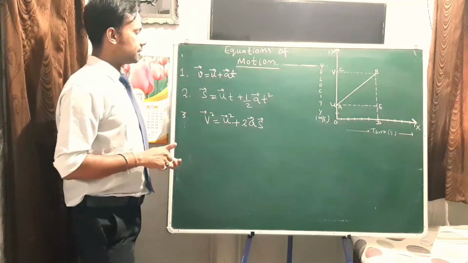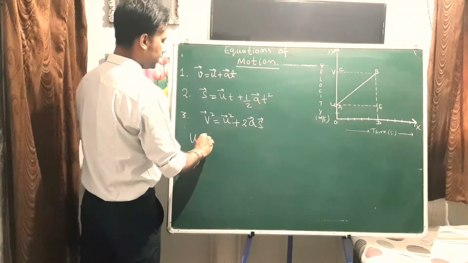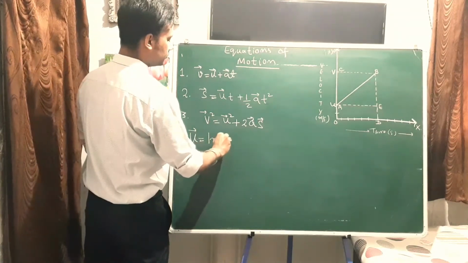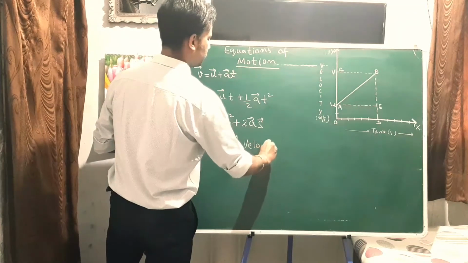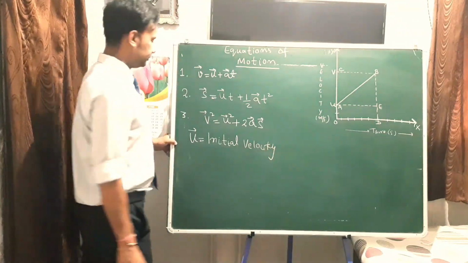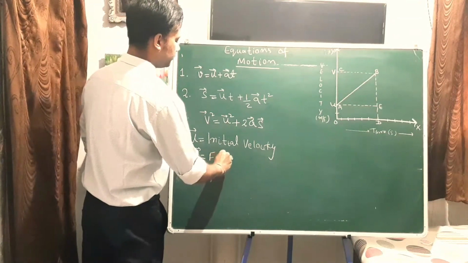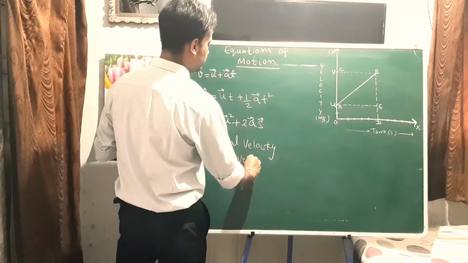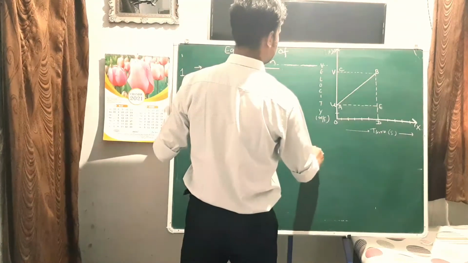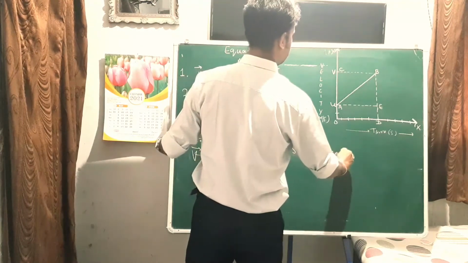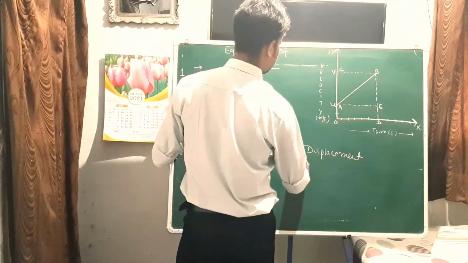What are these symbols, or we can say letters, representing here? So u is initial velocity. v is final velocity. s is displacement covered by the body. a is obviously acceleration.